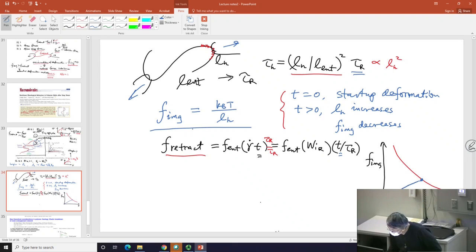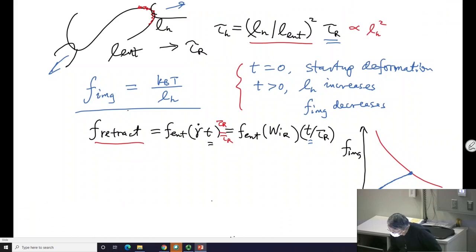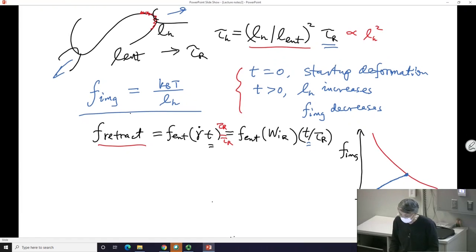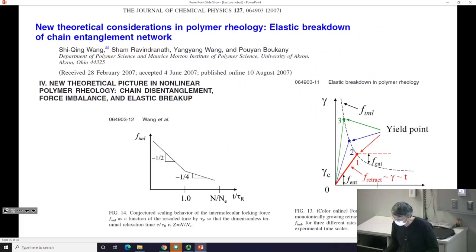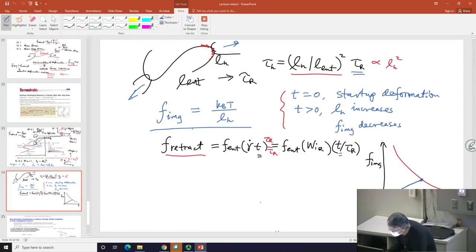So you can claim, it's a very, very simple picture.